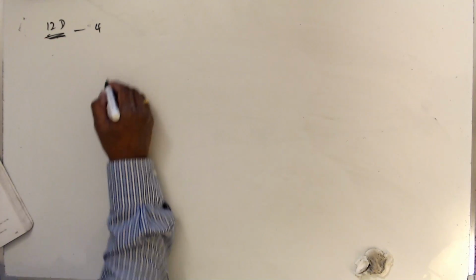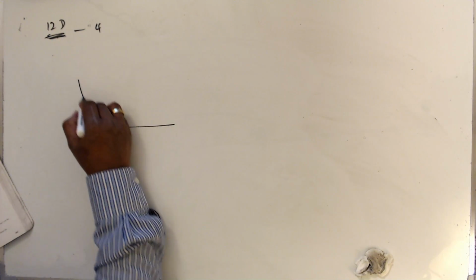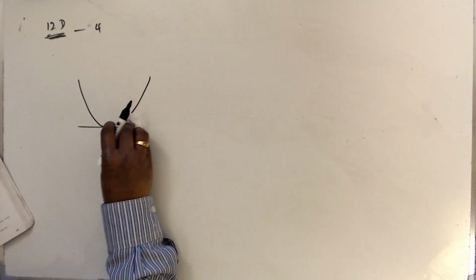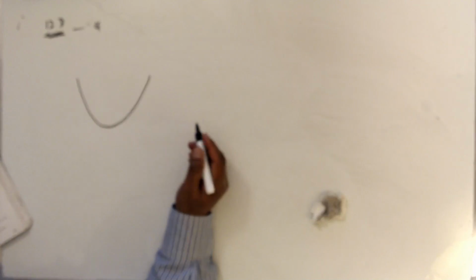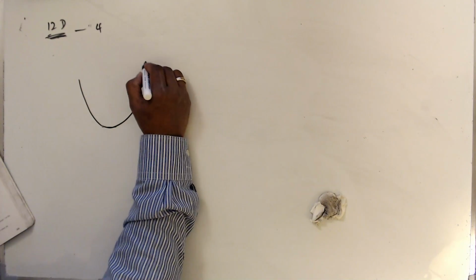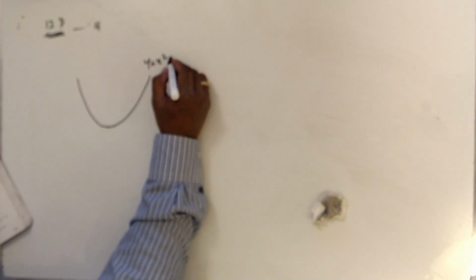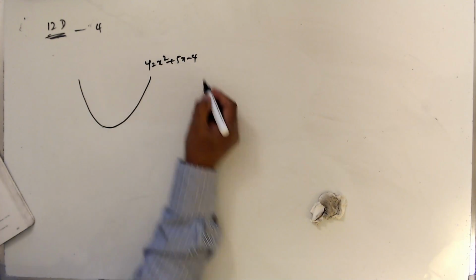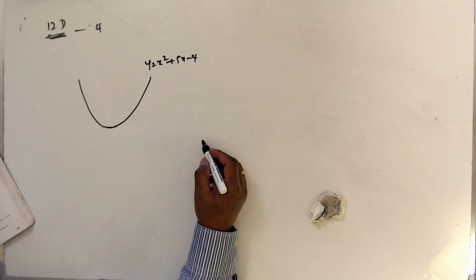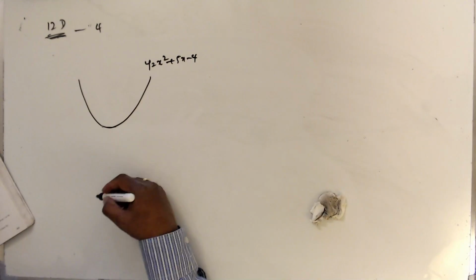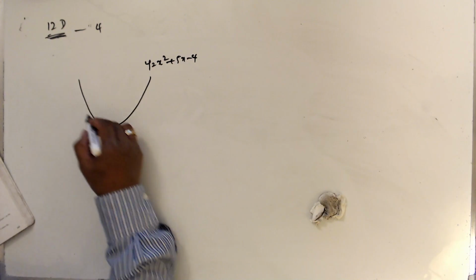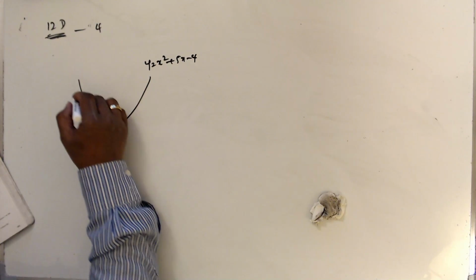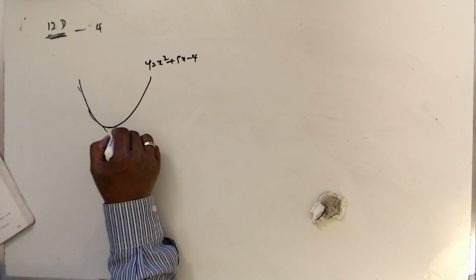Question number 4. Okay, like this. I'll take it without anything. So you have a curve y equals x squared plus 5x minus 4. Now they want to find where the gradient is 3. Now the curve has different gradients.